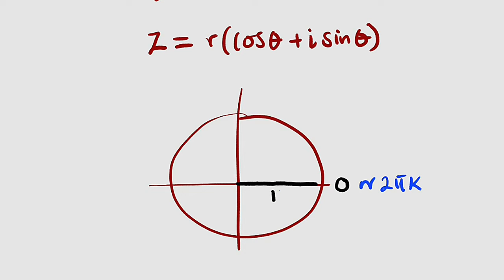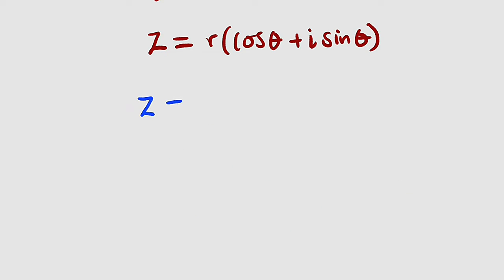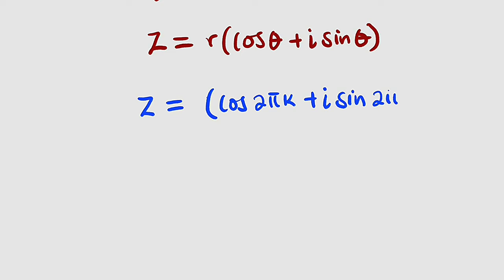The modulus r is 1 unit, since the absolute value of 1 is 1. So we can write z equal to 1 multiplied by cosine of 2 pi k plus i multiplied by sine of 2 pi k.